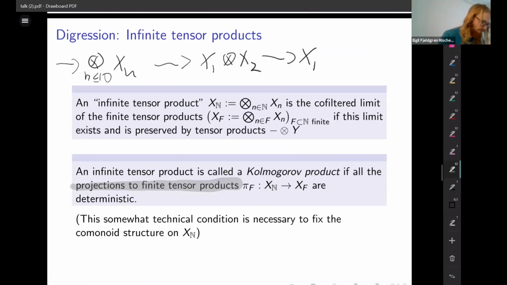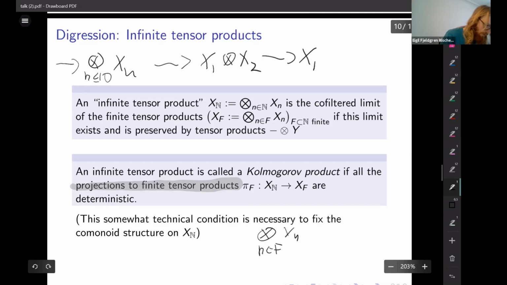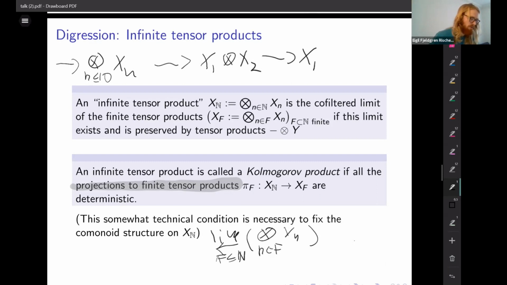this cofiltered diagram. Let me write this down, where you have the tensor product of X^n over F, for F a finite set, right? And what I'm going to say is I want to take the limit of these for F the finite subsets of the natural numbers. Now suppose I have such a limit.